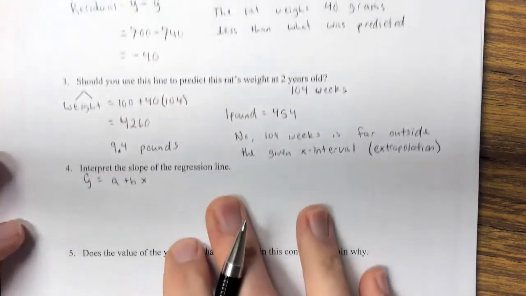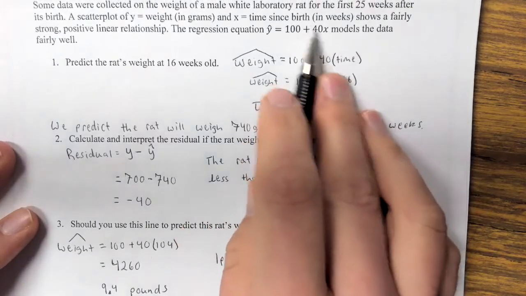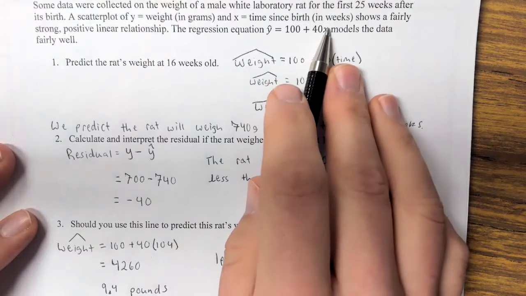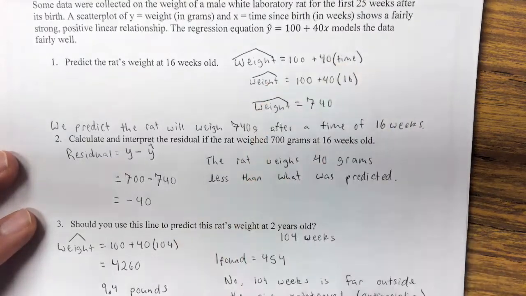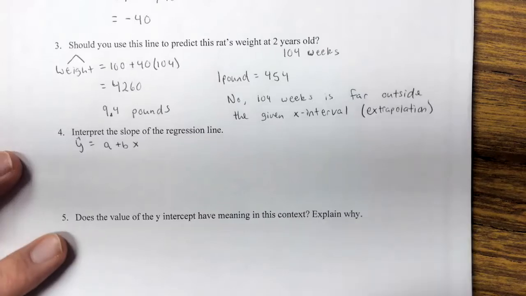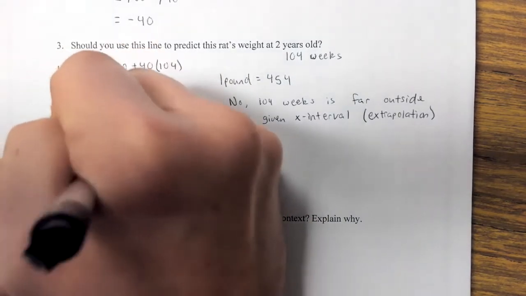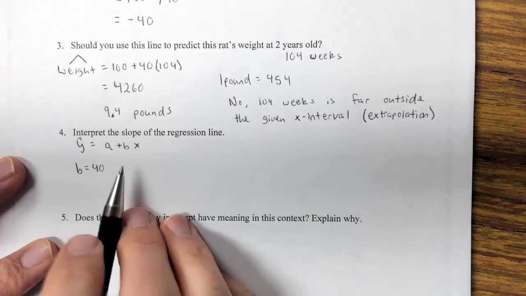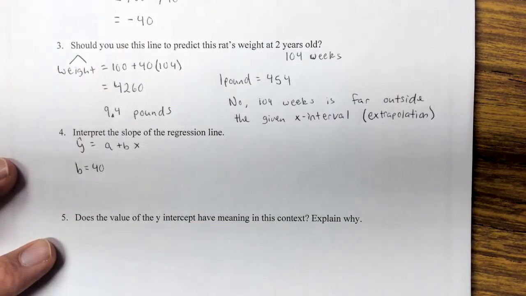So if we look back up to what was given to us up here, the slope is always the coefficient of the explanatory variable. So the coefficient here of 40, that is the literal value of the slope. So b equals 40. And to interpret this value, we know that the slope is 40, but we need to add some context. Such a big deal, adding context.